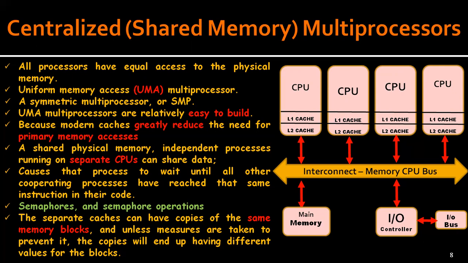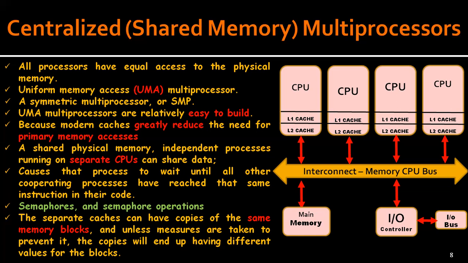This happens whenever two different processors try to modify their copies with different values, and nothing is done to propagate the changes to the other caches. Usually a snooping cache protocol is used in these types of machines. Of course, that is a big topic which we cannot discuss here. Let us discuss it in our next videos.